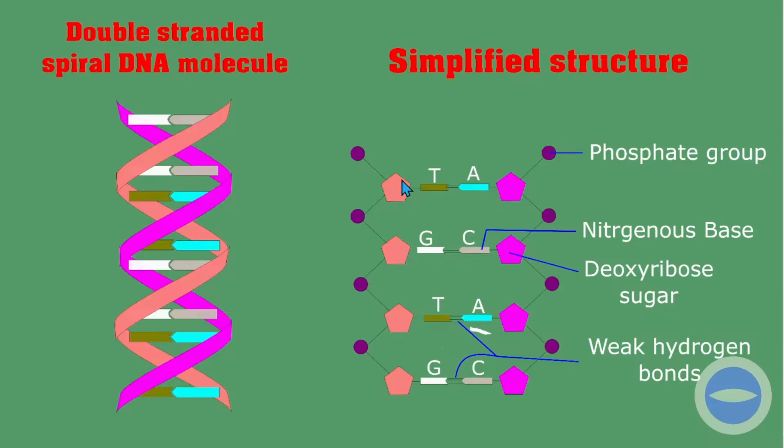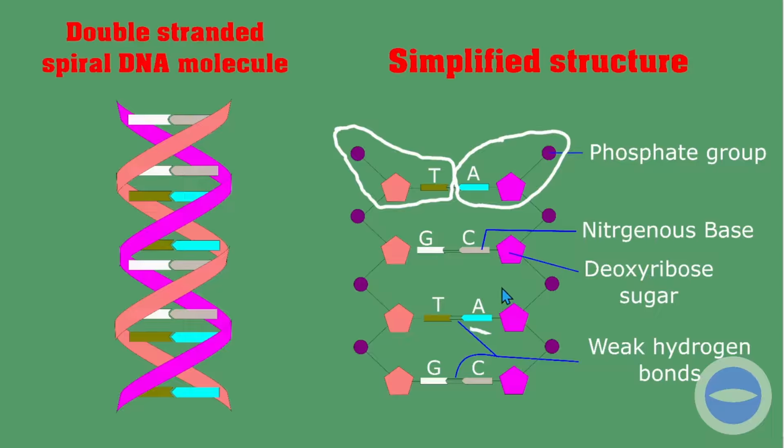And then here, I've shown you how the nucleotides are put together to make the DNA molecule. We've got a nucleotide here. This is a nucleotide, this one. And then we've got another one, and on the other side, we've got another nucleotide. Then another one.